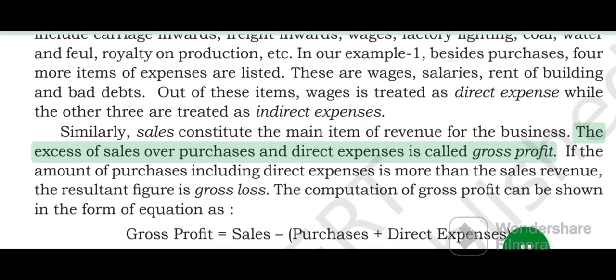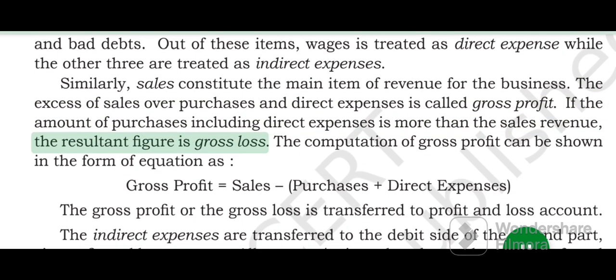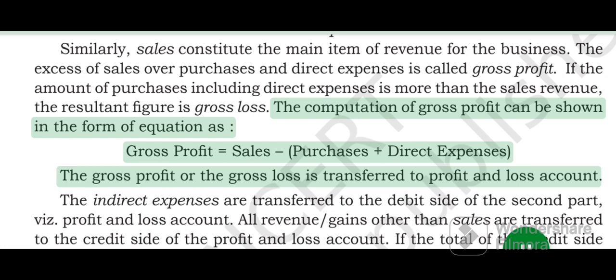The excess of sales over purchases and direct expenses is called gross profit. If the amount of purchases including direct expenses is more than the sales revenue, the resultant figure is gross loss. The computation of gross profit can be shown in the form of an equation as: gross profit equals sales minus purchases plus direct expenses. The gross profit or the gross loss is transferred to profit and loss account.